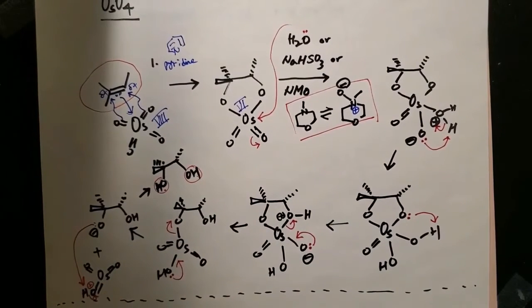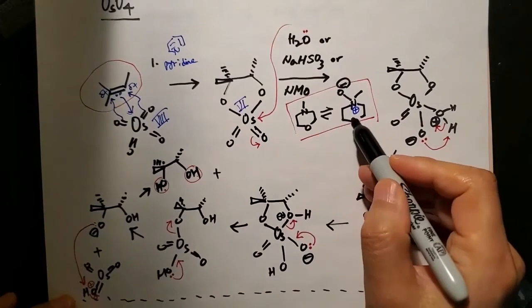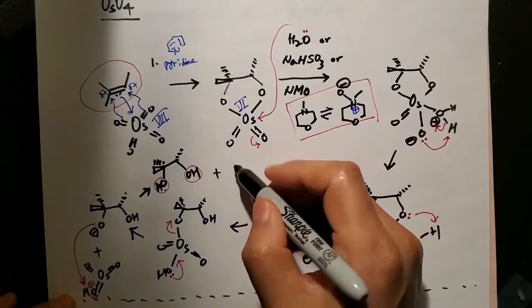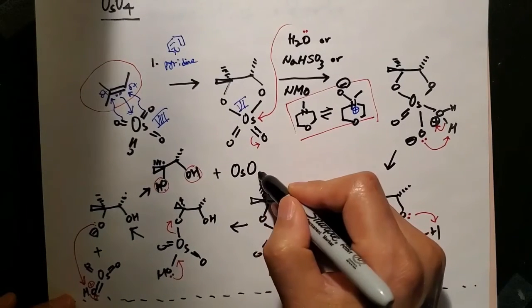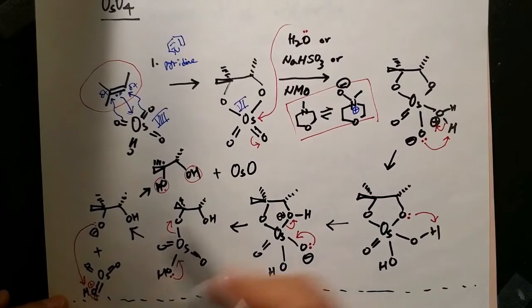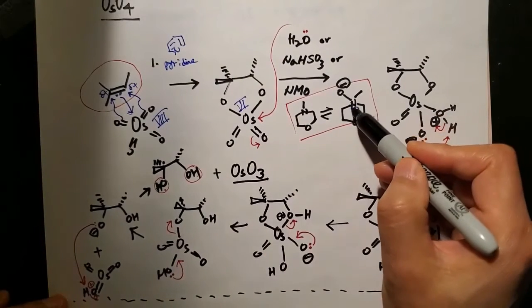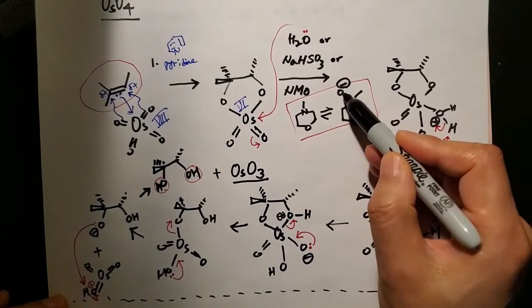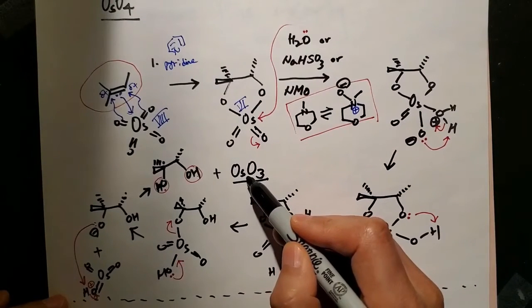Then earlier I mentioned that this NMO maintained osmium tetroxide. So out of this reaction, you have a trioxide osmium, and this will react with this and take one oxygen from it, and you regain the tetroxide.